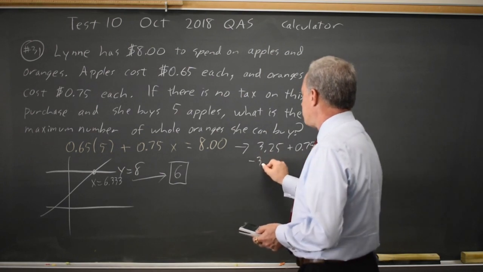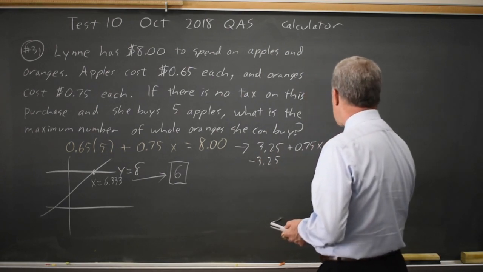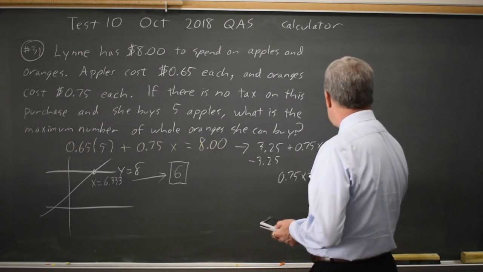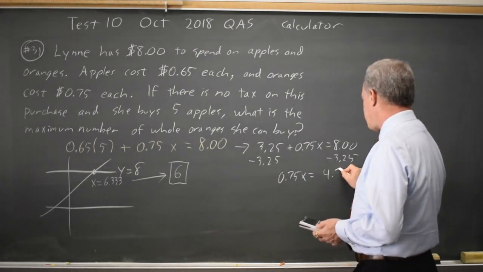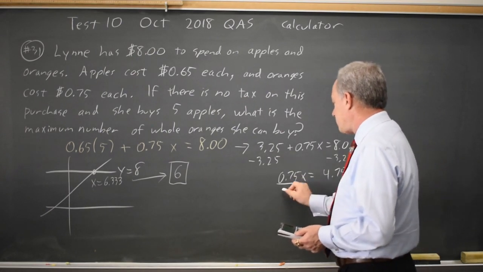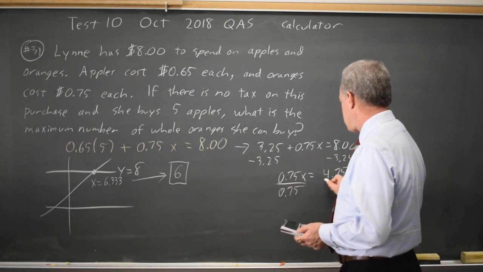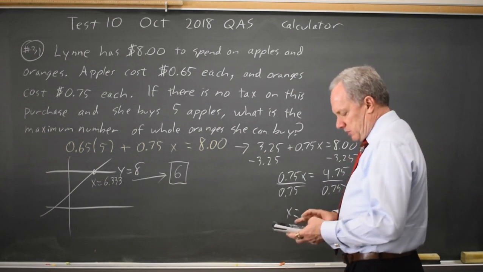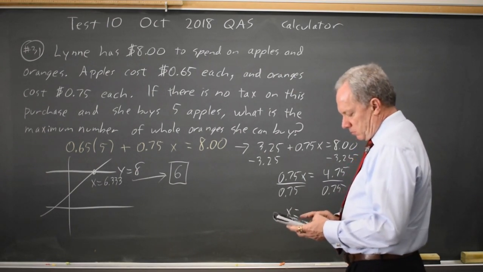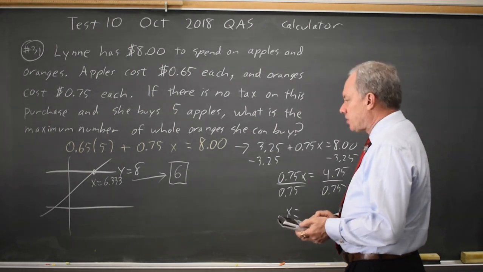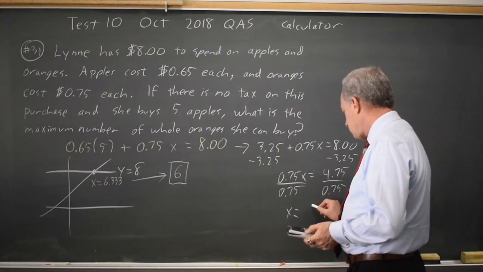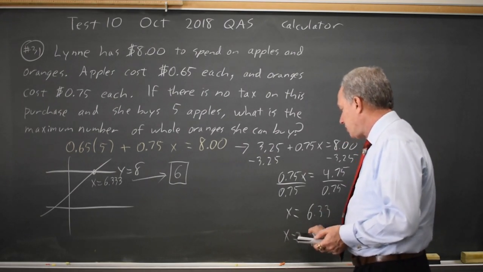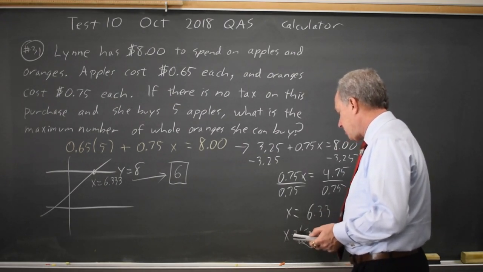If I subtract 3.25 from both sides, I get 0.75x equals 4.75, and dividing by 0.75, x equals 6.333 again, and they ask for the number of whole oranges, so that would be 6.